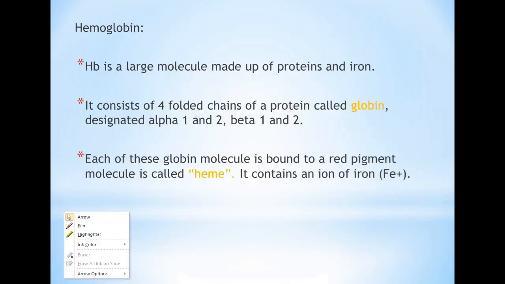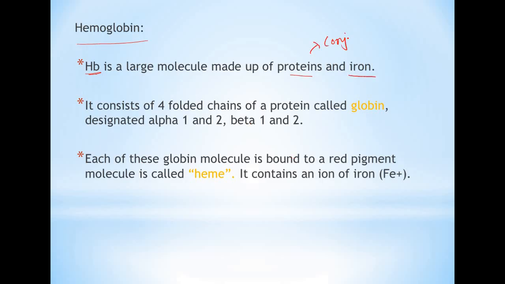Hemoglobin. Now let's discuss what hemoglobin is. Hemoglobin or Hb is a large molecule made up of protein and iron. That's why it is called a conjugated protein. It consists of four folded chains of protein called globin, designated alpha 1, alpha 2, beta 1, beta 2.